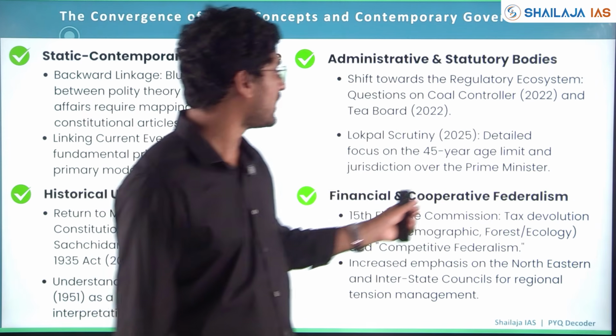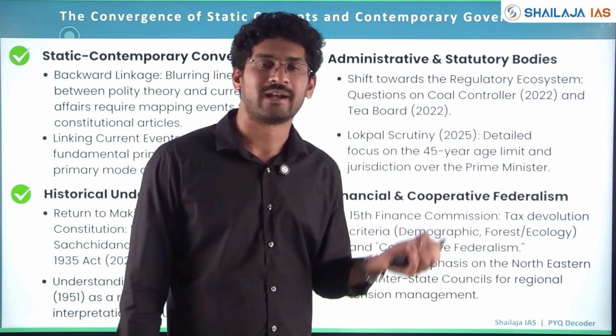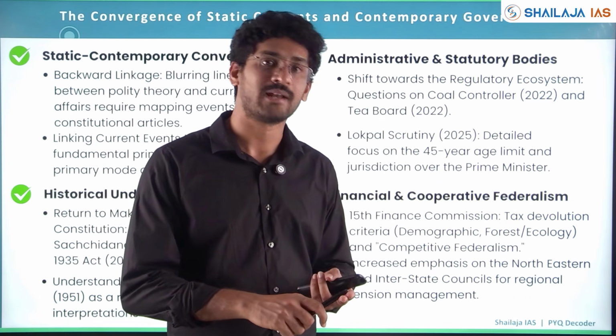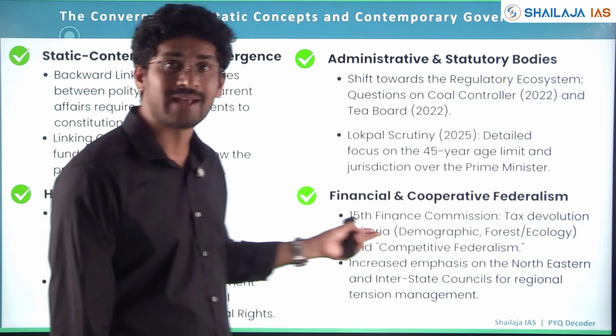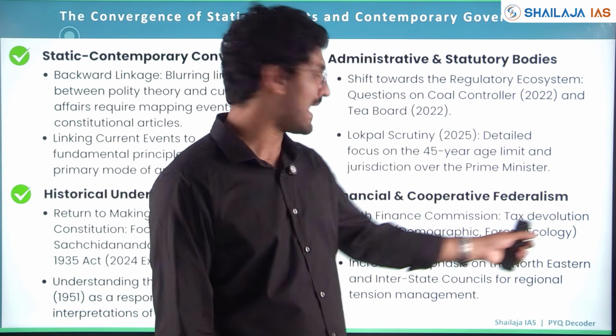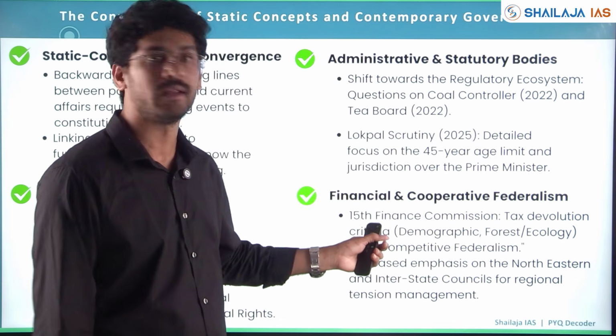Next, financial and cooperative federalism, which is the very theme of the current government, where we saw digitization, GST reforms, okay, the Finance Commission which has been done. This question was there in 23, tax devolution criteria, right, forest ecology, demography.